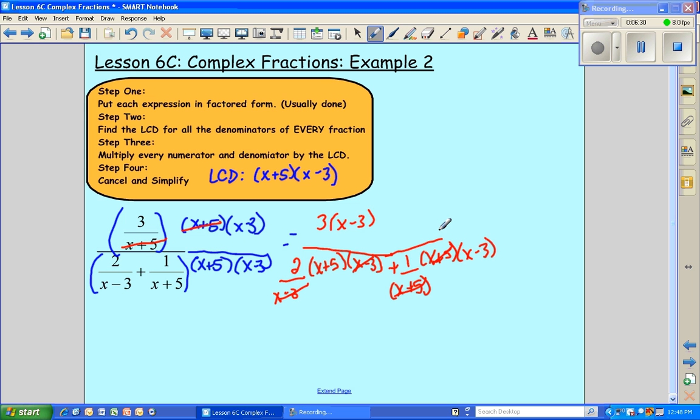And our x plus 5's cancel out. So what we're left with now is 3 times x minus 3. And then we have 2 times x plus 5 plus 1 times x minus 3.